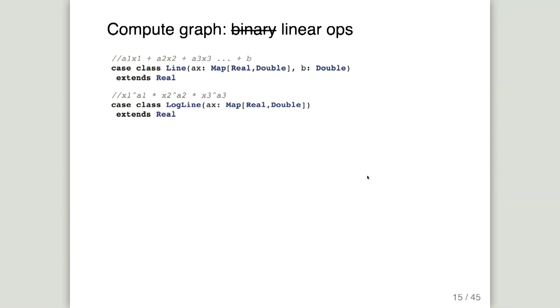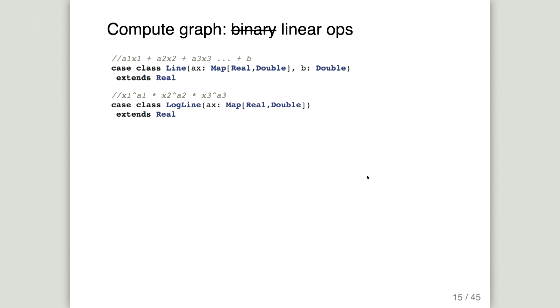So, you would probably expect that the next thing I'm going to talk about after unary operators is binary operators, right? And here's the crazy thing: we don't have binary operators. Instead, what we have is linear operators. What I mean is that the node type we use for addition is what we're calling a line.